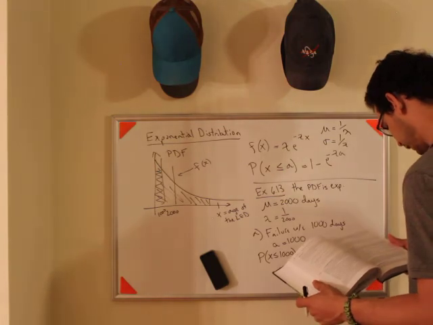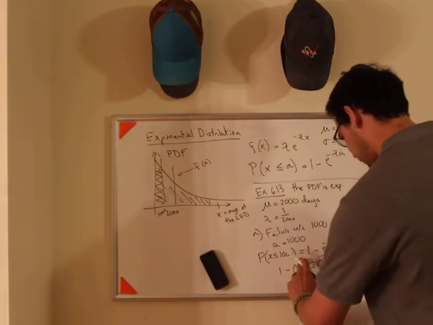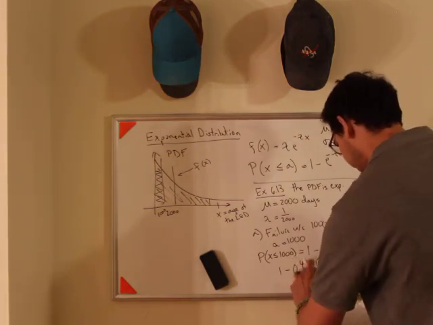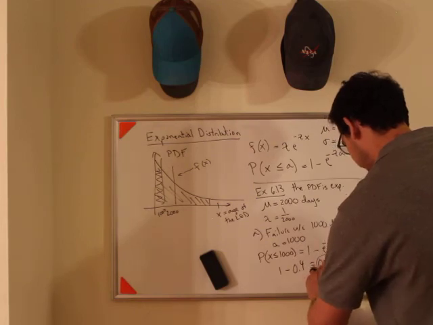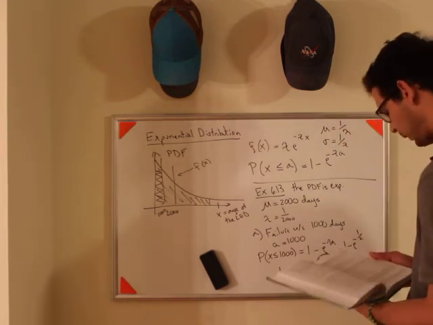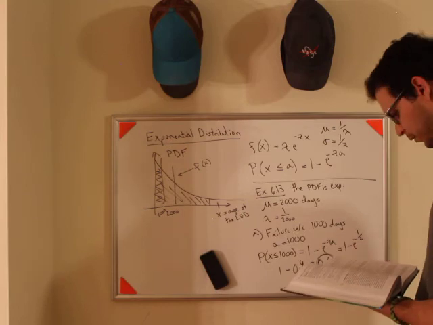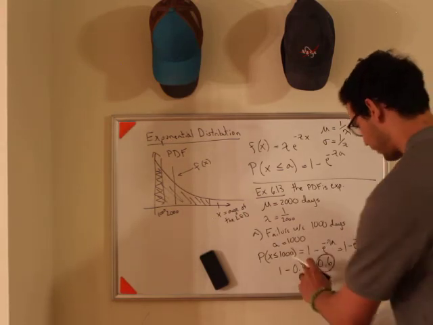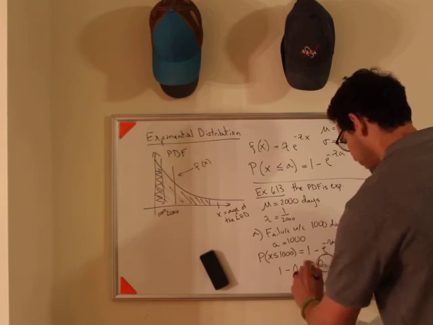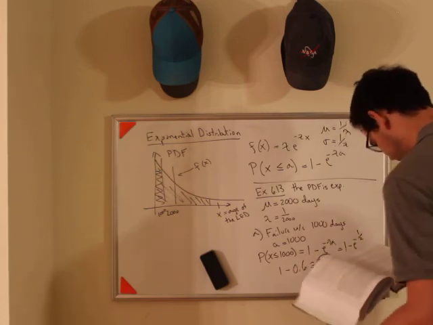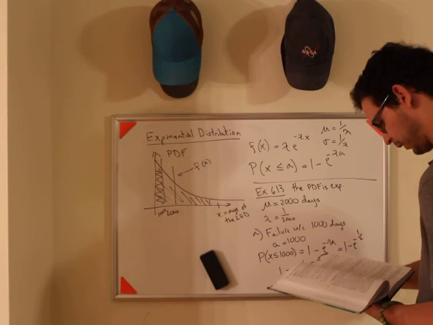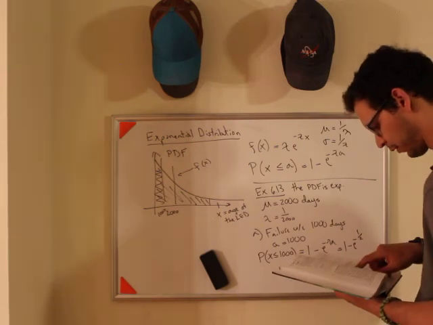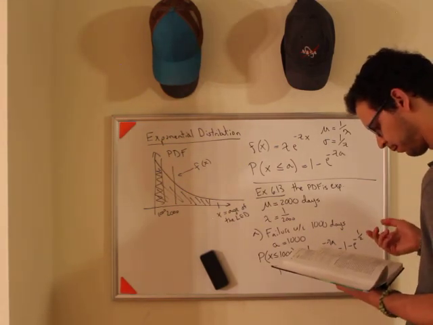Oh, it looks like I did that wrong. They say it's about 0.4. I can't do mental math, at least with decimals. So 1 minus e to the negative 1/2, and then boom. Wait, no, I had it right the first time. Should have trusted my gut. 1 minus around 0.6 is around, yeah, they got 0.3935. And there you go.